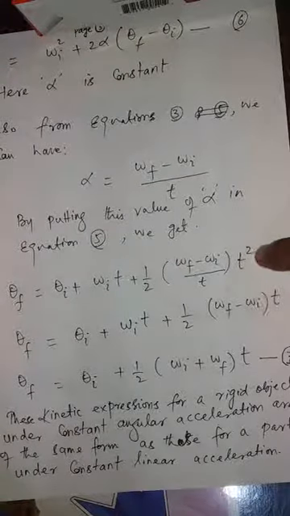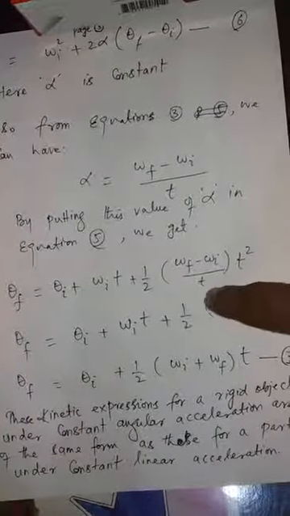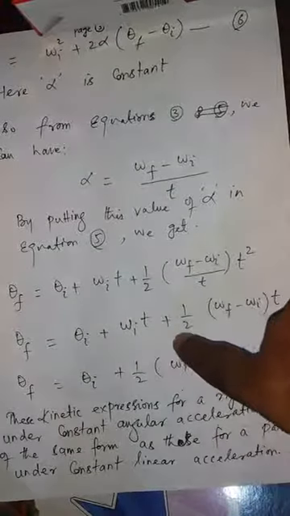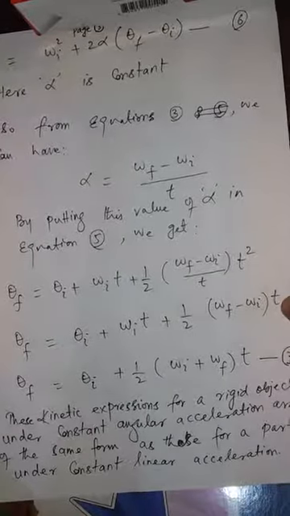One t will be cancelled with the square, and we will get theta f is equal to theta i plus omega i t plus half omega f minus omega i into t.